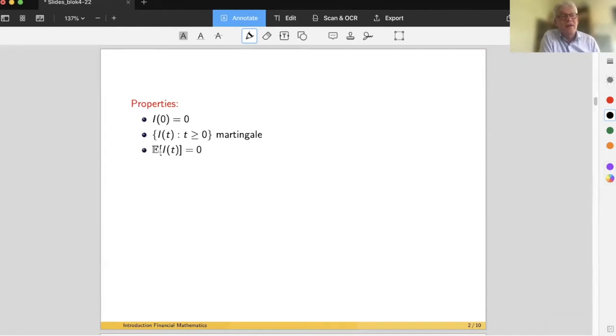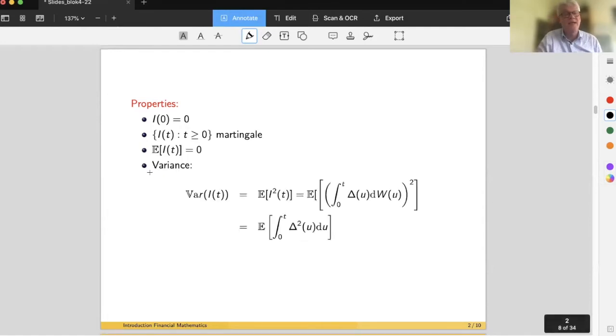The expected value of I_t is also equal to 0 because of the martingale property. That was easy to show. And finally, an important one was the variance of I_t, because the expected value is equal to 0. The variance is equal to the second moment, so the expected value of I_t squared.